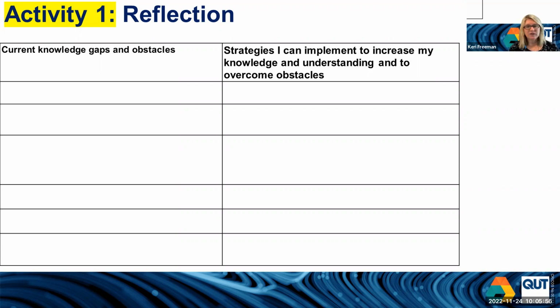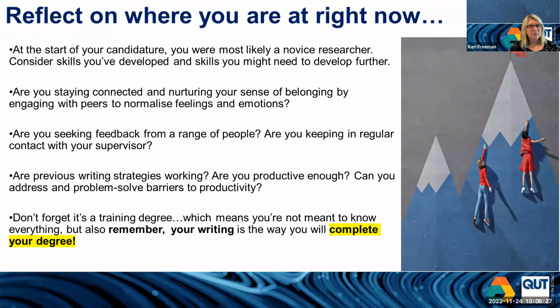And then what are the strategies that you're going to implement to overcome those obstacles and increase your knowledge. Now, maybe you know everything and have no obstacles. That's fabulous if that's you. But I would say for most of us, we can think of a couple of things. You might not fill the whole sheet up, but I'm sure everybody would have a couple of things that they just know that they need to think about and work on in this last stage.